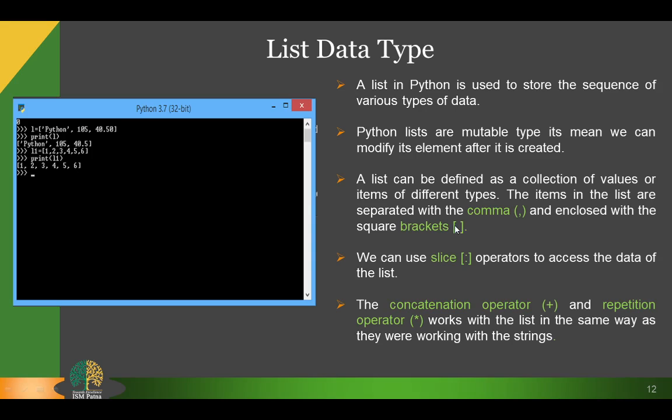We use square brackets to define the elements of the list, and all the elements are separated by commas. We can use the slice operator to access the elements of the list. Here, the concatenation and repetition operations work in a similar way as they work in a string.